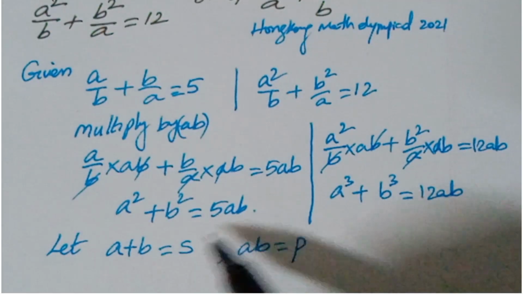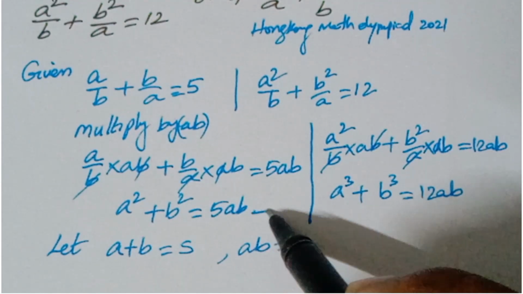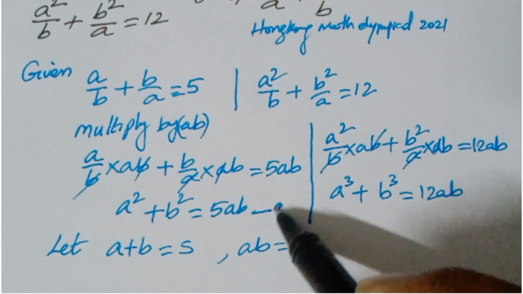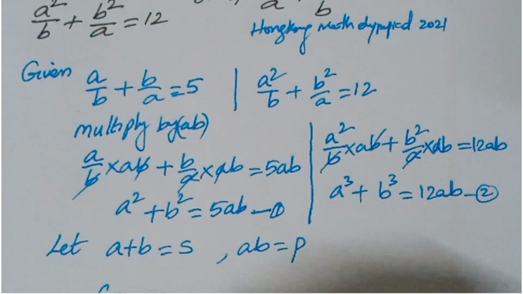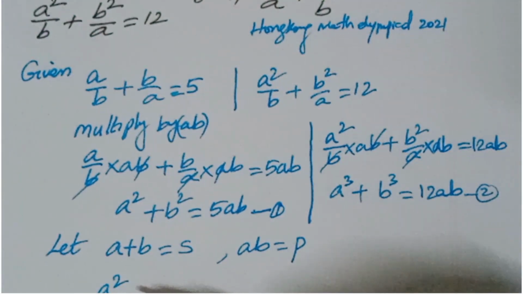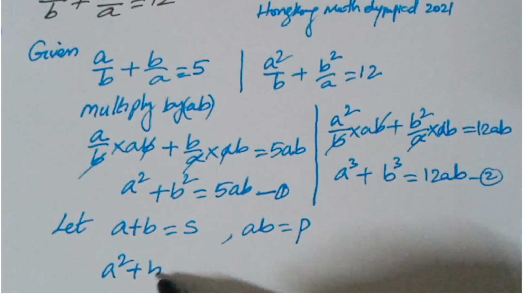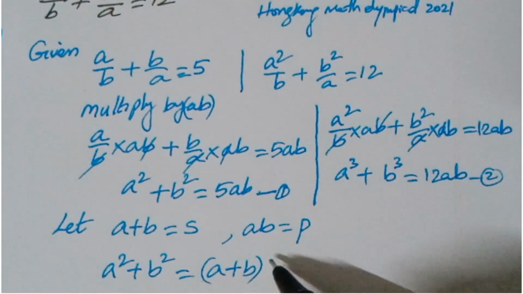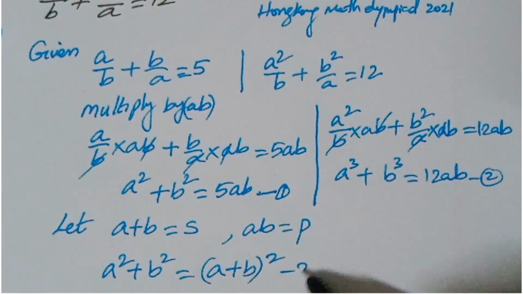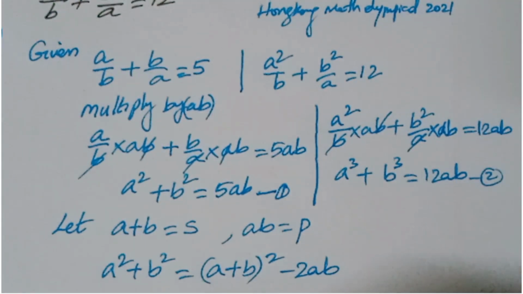Now, this first equation, let it be 1, and the second let it be 2. The first one, a square plus b square, can be written as a plus b whole square minus 2ab.